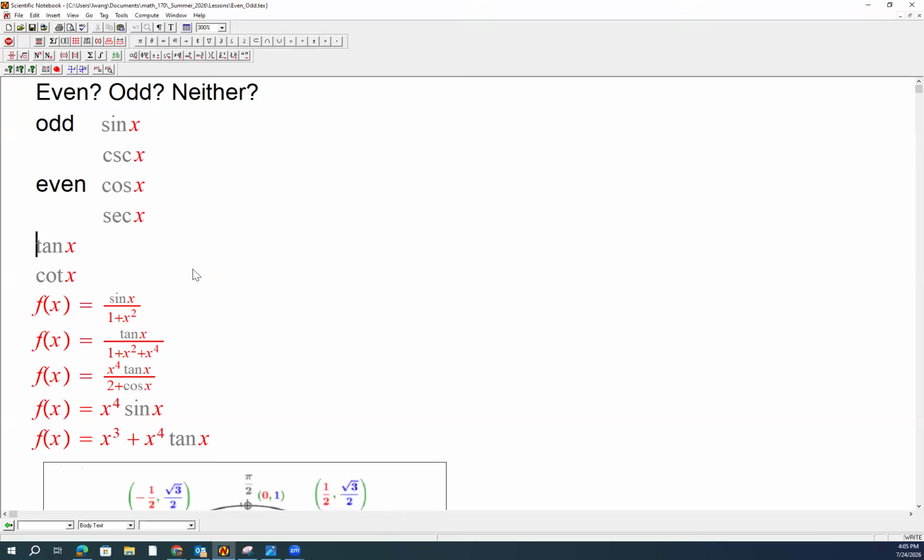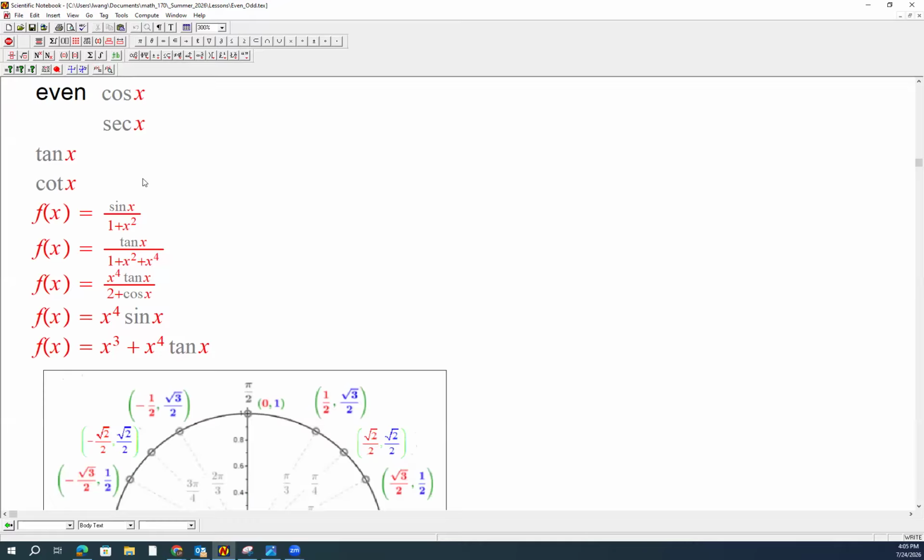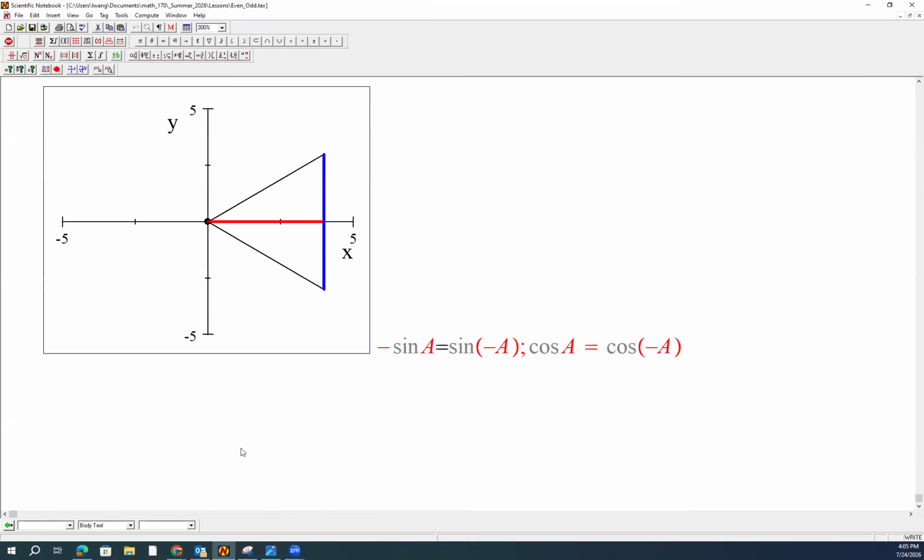Tangent, we can use the same relationship. Let's go down here. If we look at tangent of A and tangent of negative A, tangent A is blue over red.